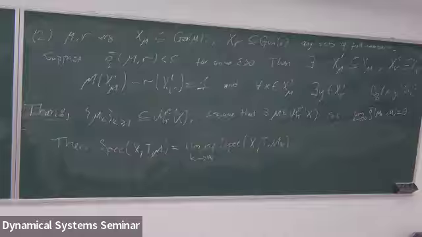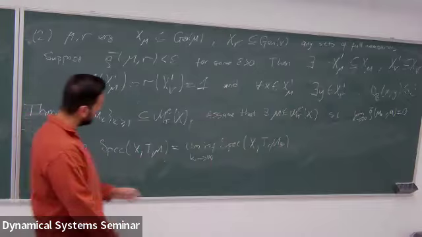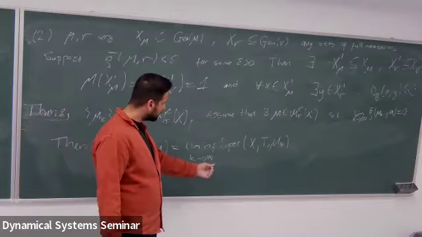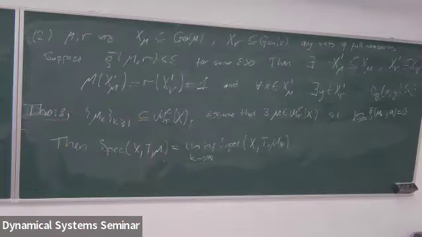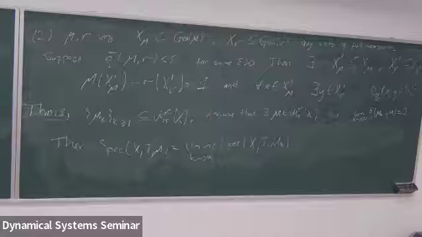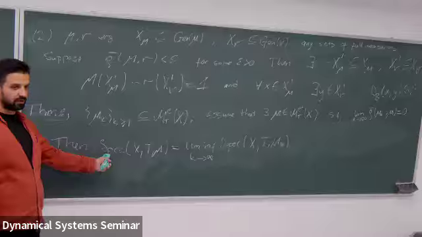It means that if we have an eigenvalue, if C is an eigenvalue for infinitely many of the mu k's, then it should be an eigenvalue for this.